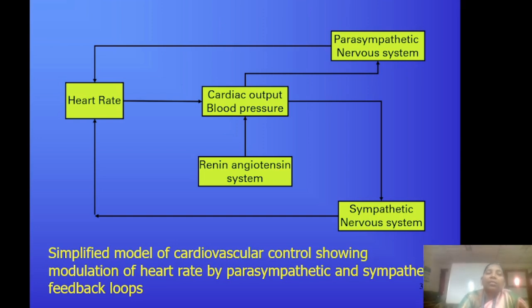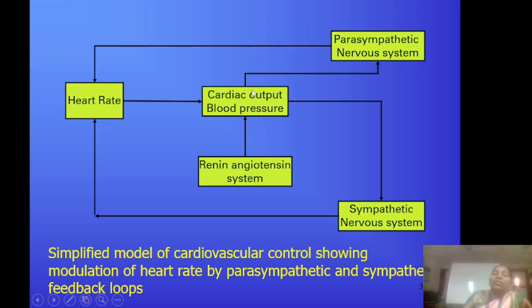In this, when there is stimulation in the sympathetic nervous system, the heart rate will increase, and the heart rate is brought back to normal by means of the parasympathetic nervous system. When the heart rate is increased, what will happen? The cardiac output and the blood pressure are also increased due to the renin-angiotensin system.